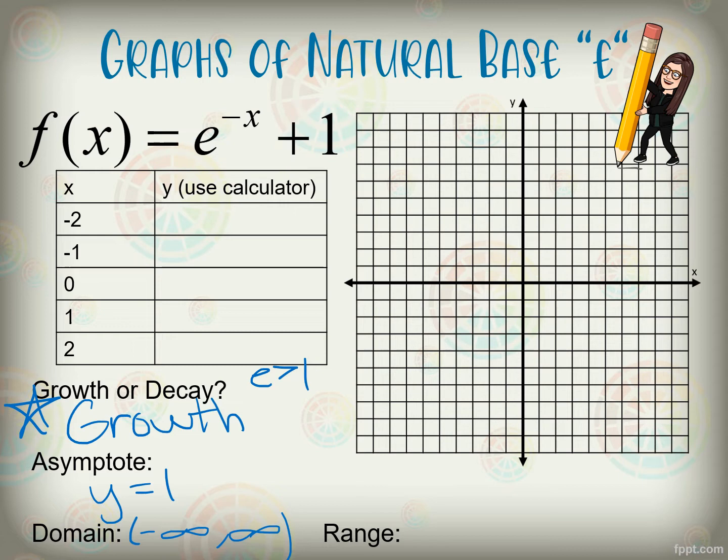So let's calculate. If I plug in -2 for x, that would be a double negative, so it would actually be e to the second plus 1. If I plug in -1, that'd be a double negative, so it'd be e to the first. E to the 0 plus 1, well wait, anything to the 0 power is 1. E to the first would make it a -1.